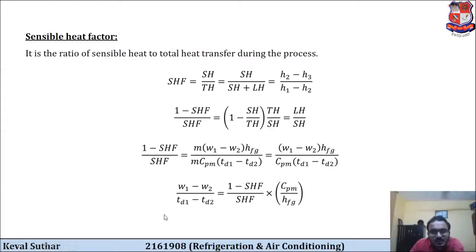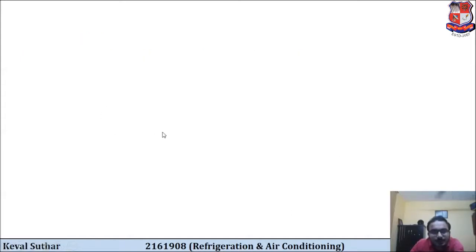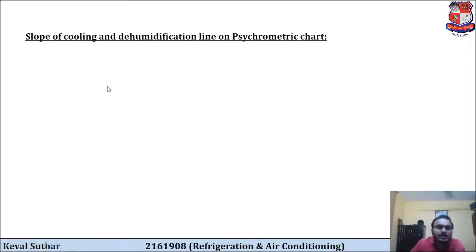So we will see why this formula is important in our theory, that it is actually the slope of cooling and dehumidification line on the psychrometric chart.